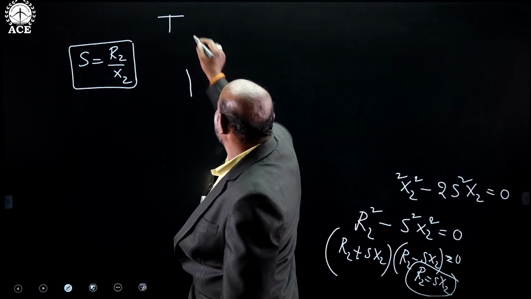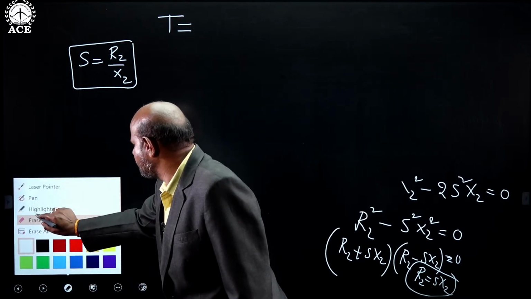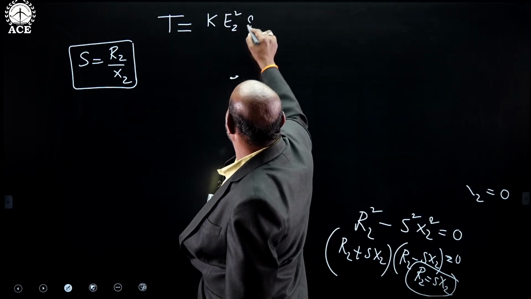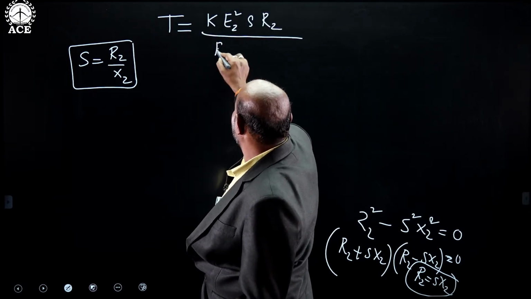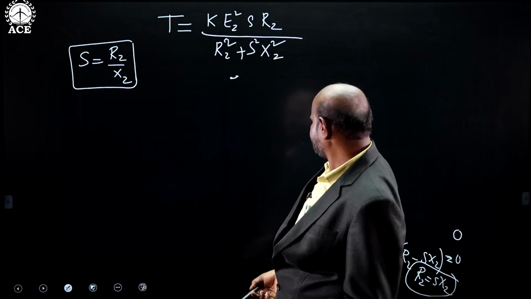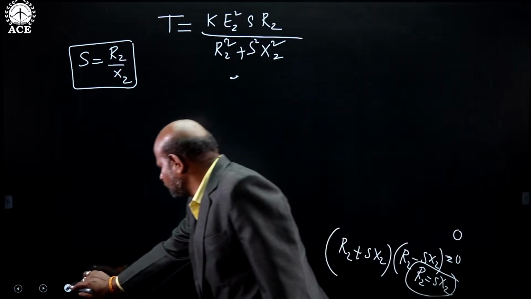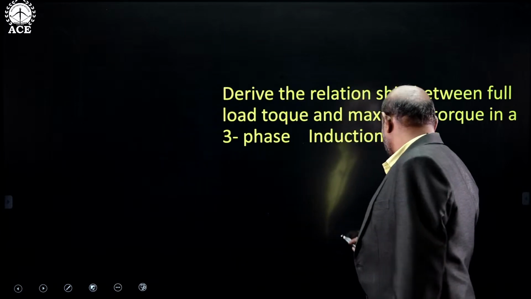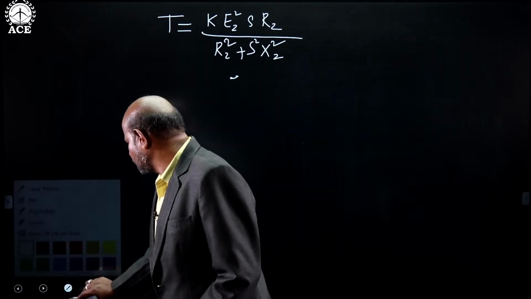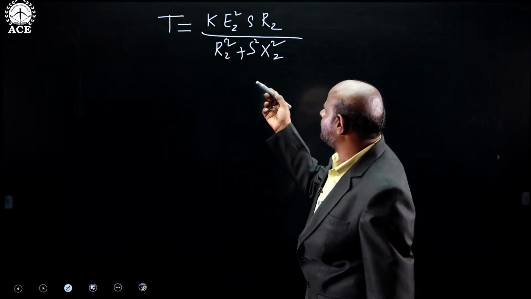So substitute in the torque expression, torque T equal to K into E2 square S R2 by (R2 square plus (S X2) whole square). Right, this is the torque expression.